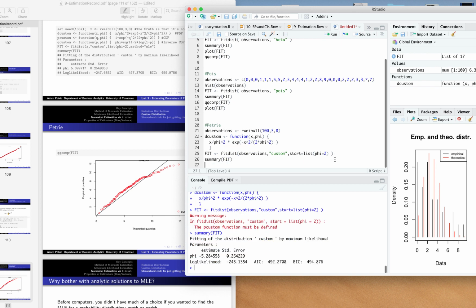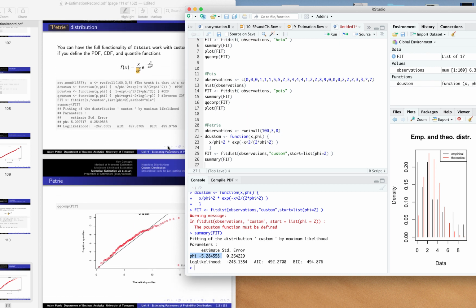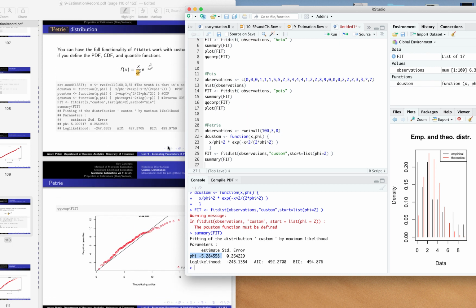Once it's done, I can get a summary of what this phi is, and it comes out with an estimate of minus 5.3. Now, I know that in this case phi should be a positive number, so I must have made some sort of mistake with my transcription.